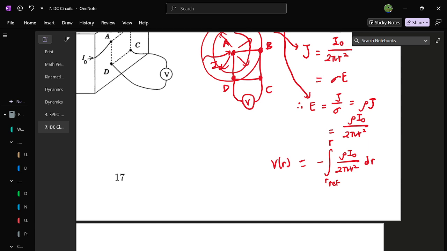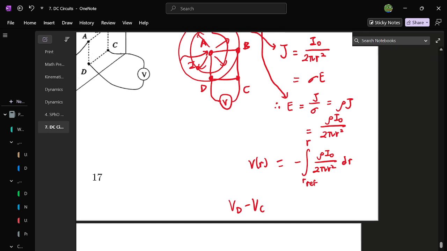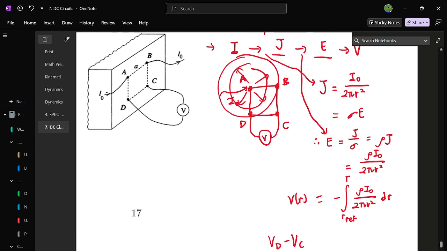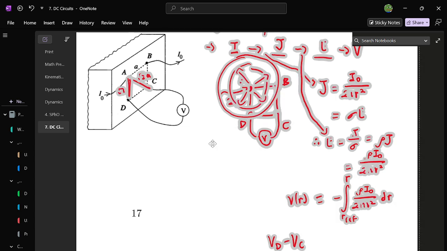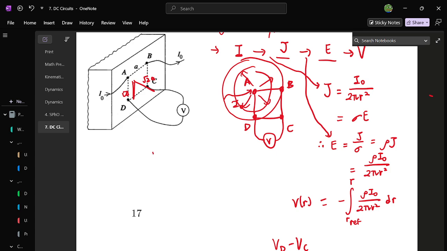But what we are only interested in is the potential difference between points C and D. So we want this. You notice that RD is a, RC is root 2a.